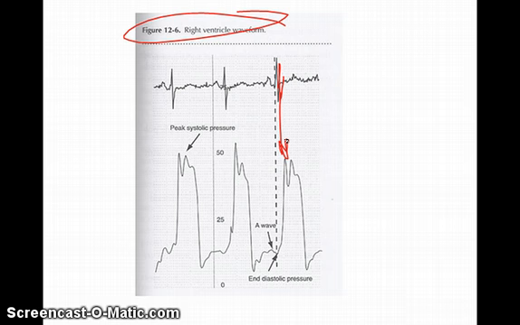And remember, electrical events happen before mechanical events. It's a fraction of a second, but here's your QRS complex, there's your peak systolic pressure. Here's your QRS complex, here's your peak systolic pressure. Also, the end diastolic pressure, remember, is right before the upslope. So this is your EDP right there, your end diastolic pressure.